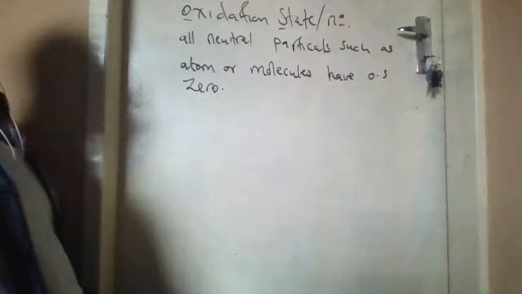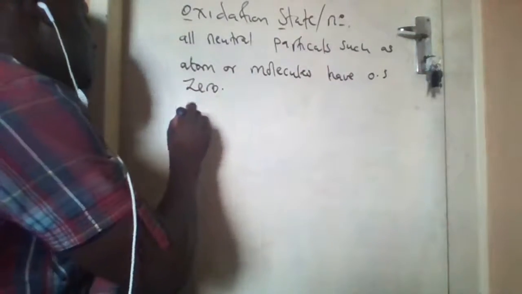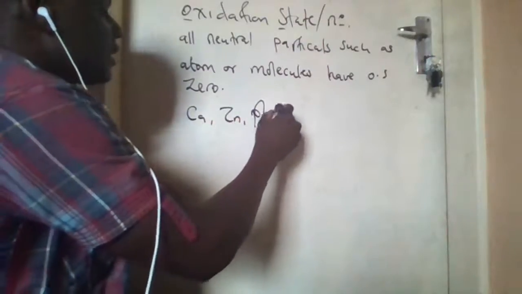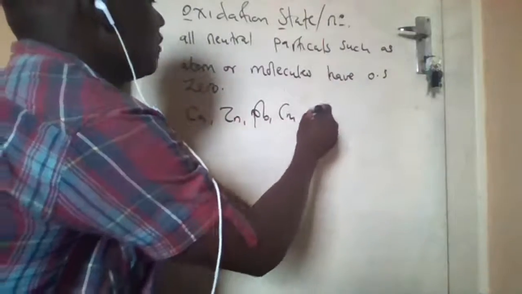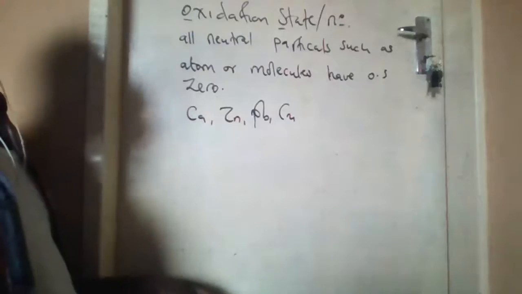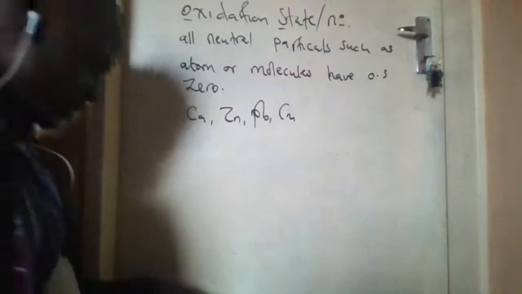We need to note that all neutral elements have oxidation state 0. Examples are calcium, zinc, lead, copper. If there is no charge, these atoms are neutral. So because these atoms are neutral, the oxidation state is 0.